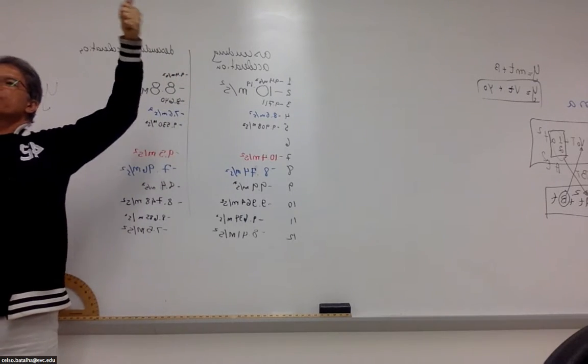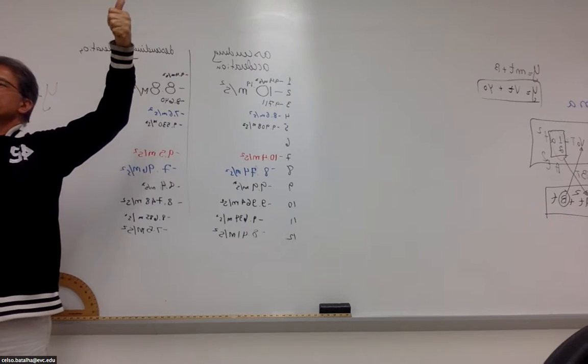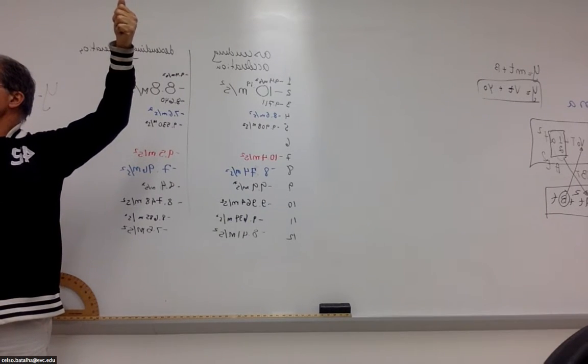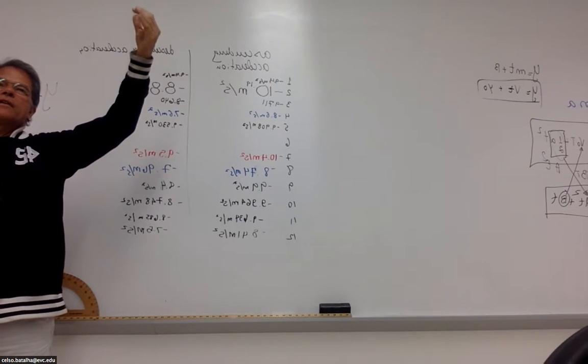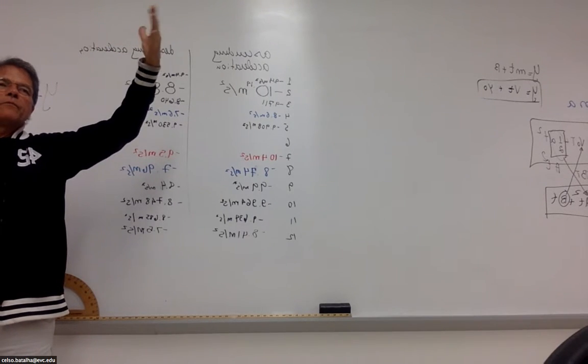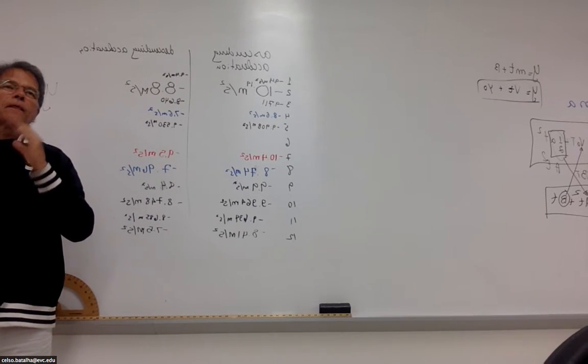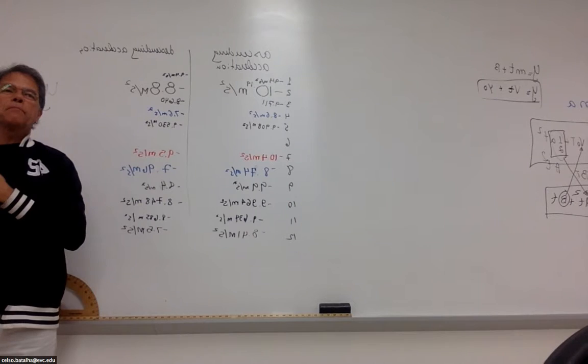What is the sign of the velocity vector in the ascending part of the curve? Look at the graphic and tell me. The sign is what? Positive, negative, or what?